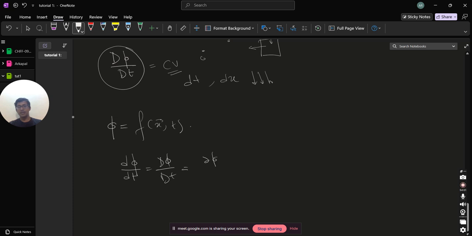We have a temporal derivative, and then we also have a spatial derivative, right? But in this case, when we are following a particle, the x and t are not independent. What does it mean? It means that x and t are related by a concept called the velocity.